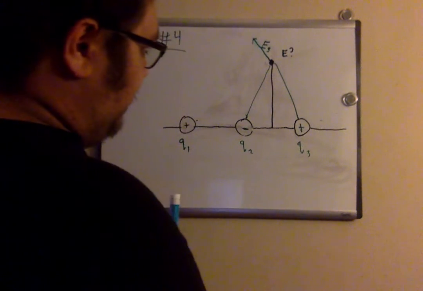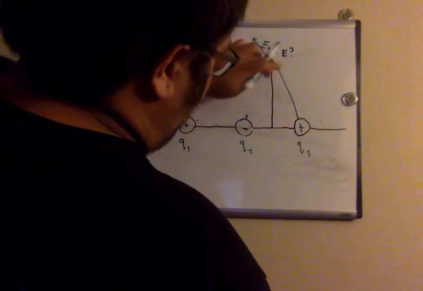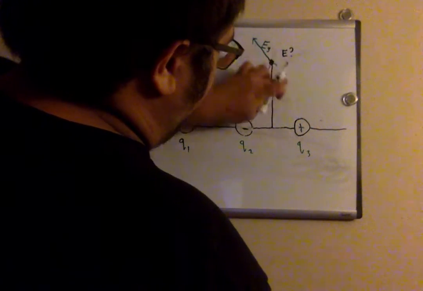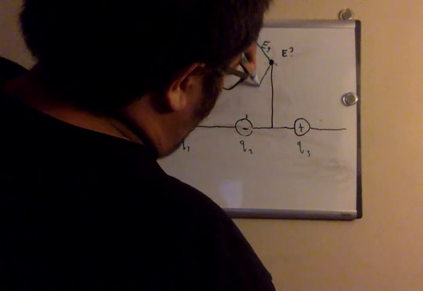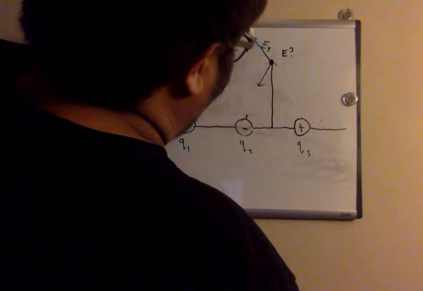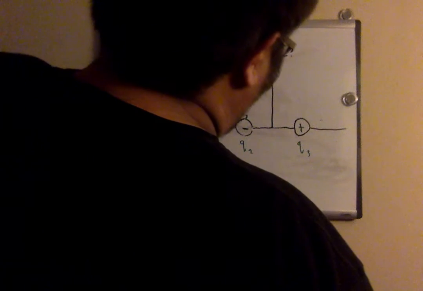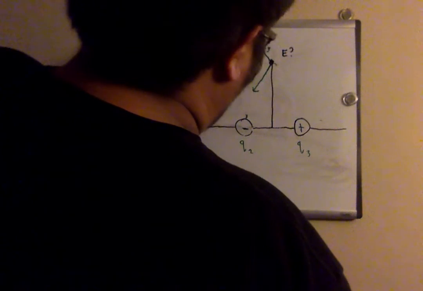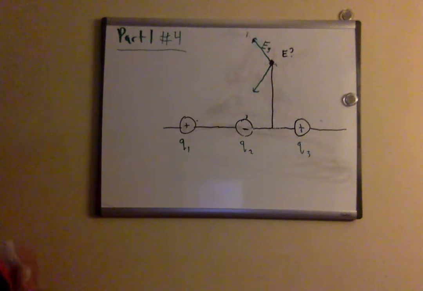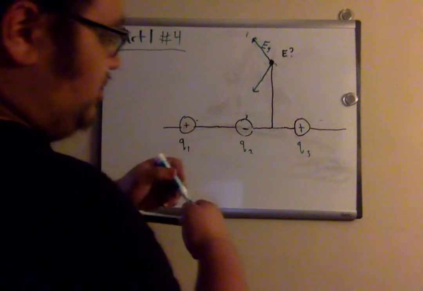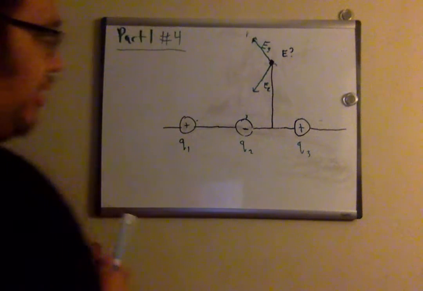And then from this charge, the E field is going to be towards the negative charge in that direction. Okay. So now, if we draw the components, that's E2.